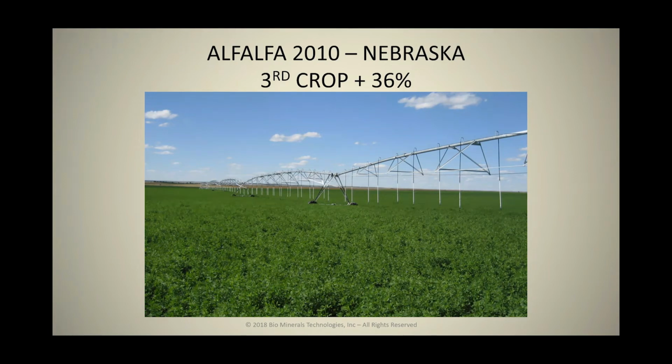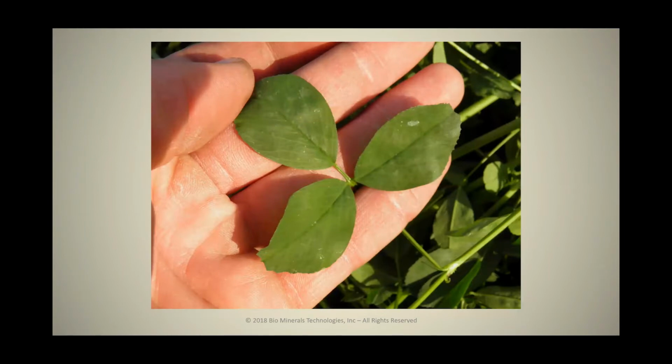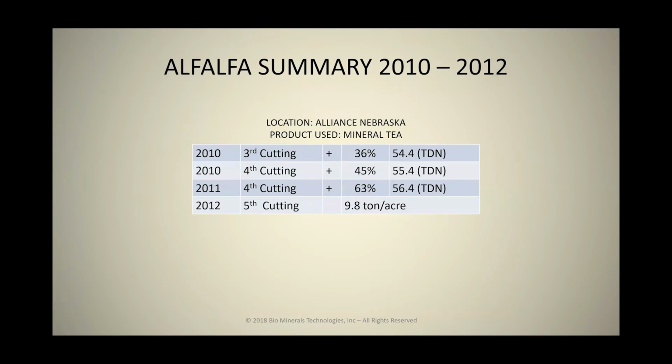These plants were up to the rim of the pivot tire, which is over 36 inches tall. There's a picture of his leaves. And so 3rd cutting in 2010 increased 36%.